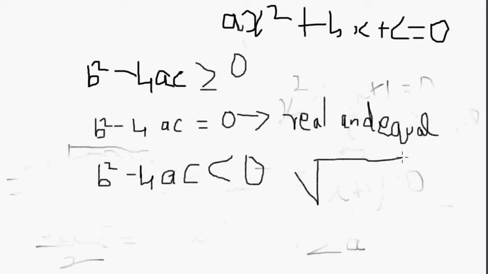That is, it would be imaginary, as what is inside the root becomes negative, and the root of a negative is nothing but imaginary. So if b squared minus 4ac is less than 0, you get imaginary roots.